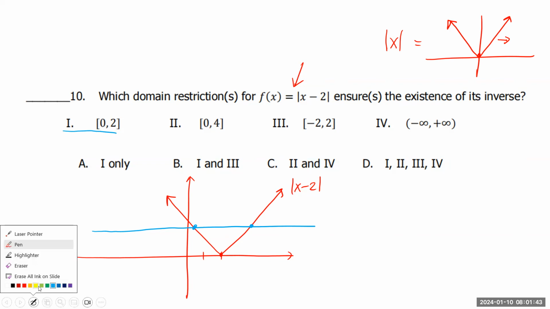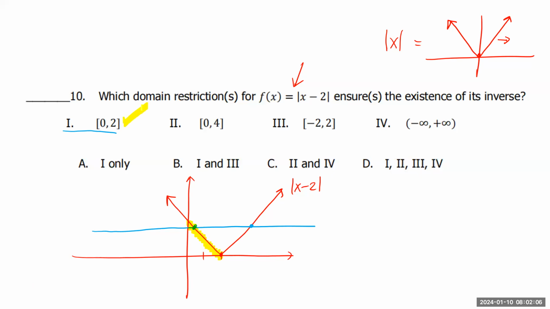So ang ibig sabihin niyan, kapag 0 to 2 lamang yung graph natin, then we will only consider this yellow part. Okay, so if yan lang yung graph natin, masasabi ba natin na one-to-one yung function? Yes, no? Kasi isa lang siyang slanting line. Okay, so pwede ang number 1.